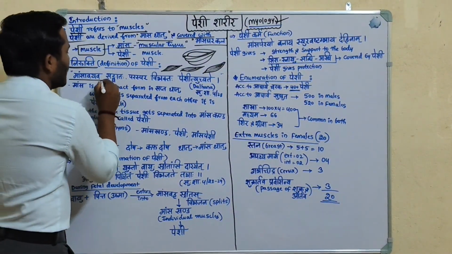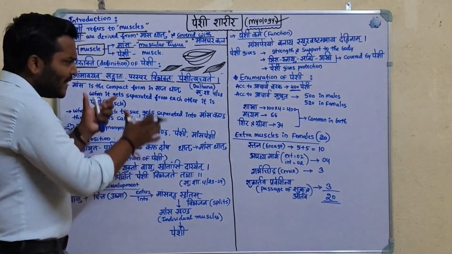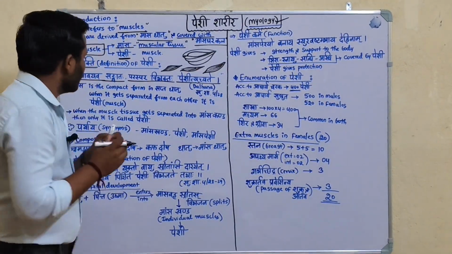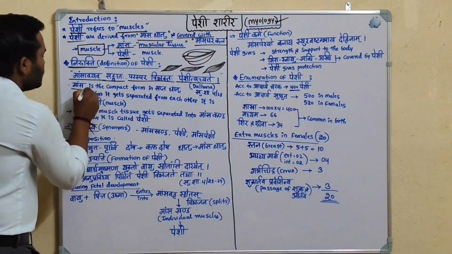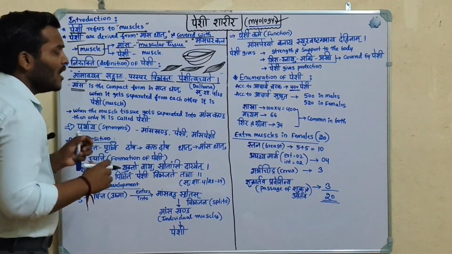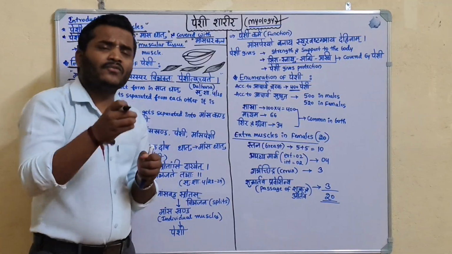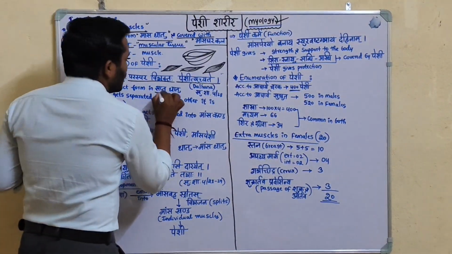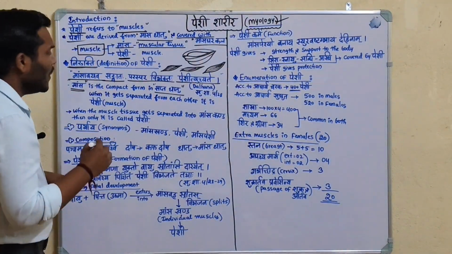मांस अवयव संगातः परस्पर विभक्तः पेशी मुच्यते. This shloka says that mamsa is the compact form of the mamsa dhatu. It is one among the sapta dhatu, correct?